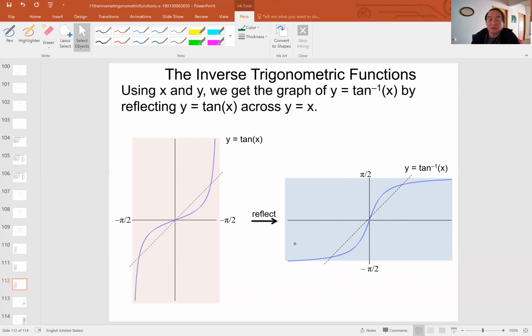That's tangent inverse. One peculiar thing about tangent inverse is that its domain is the entire real line, but it's trapped between -π/2 and π/2, within the strip. So these functions have peculiar properties.